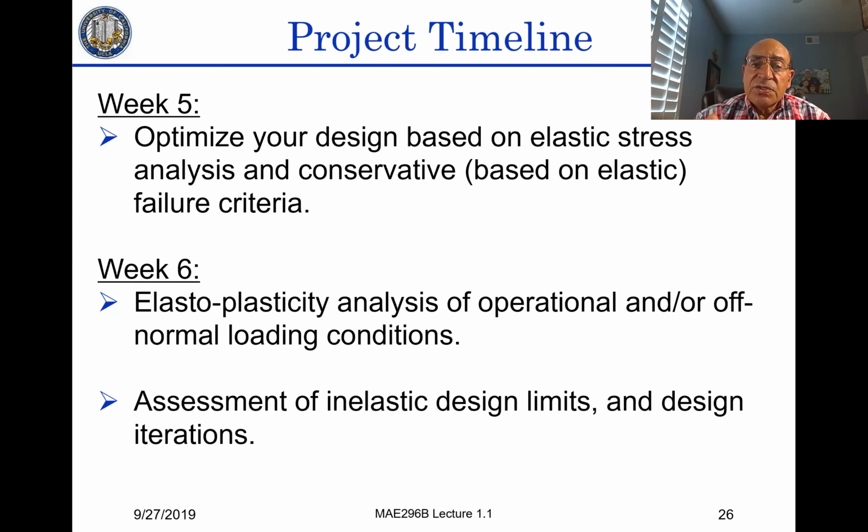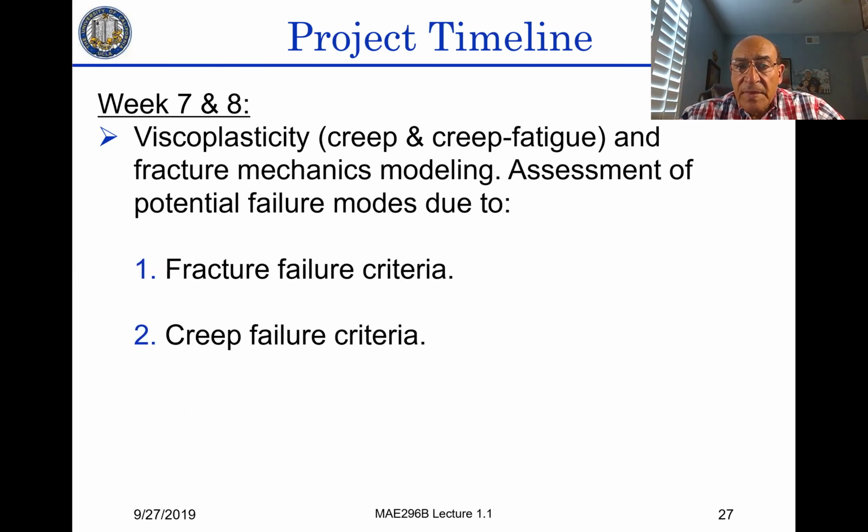elastic limit. So we do elastoplasticity in week 6, and then we look at what happens when you have on and off situations for the heat exchanger, because under on and off, basically the stresses will change drastically, and you can accumulate thermomechanical fatigue failure.